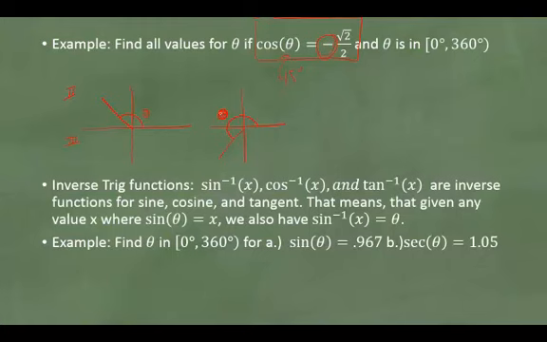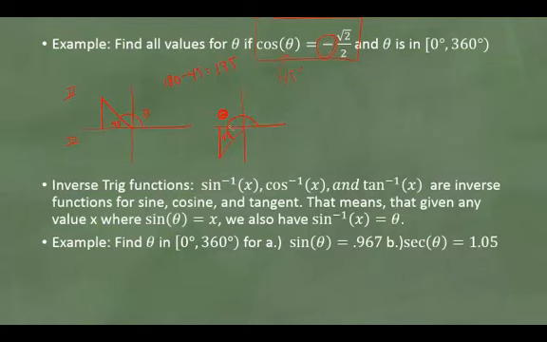And because cosine theta is square root of 2 over 2, you should be thinking 45 degrees. So you should be working with a reference angle of 45 degrees. In other words, if this is 180, what's 180 minus 45 degrees? That's 135.